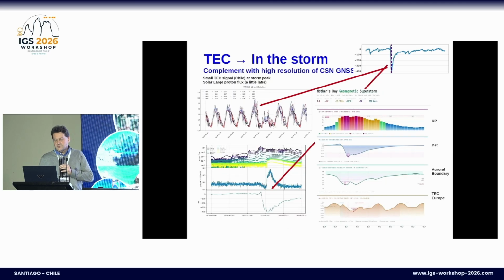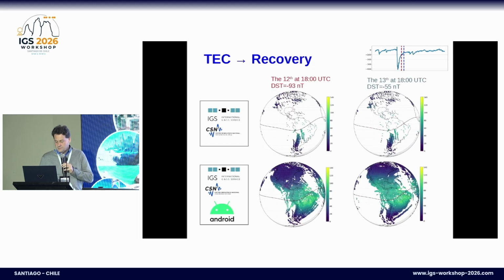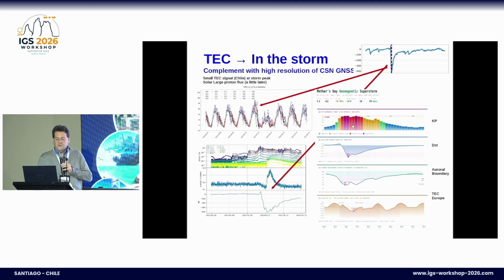So it's interesting to start looking at what are the parameters probably producing the response that we're observing. So you can correlate, for example, with the Kp index, DST, the terminator or the auroral boundary, or even TEC in other places like Europe.